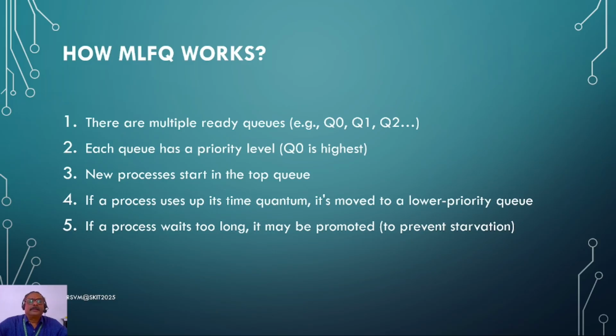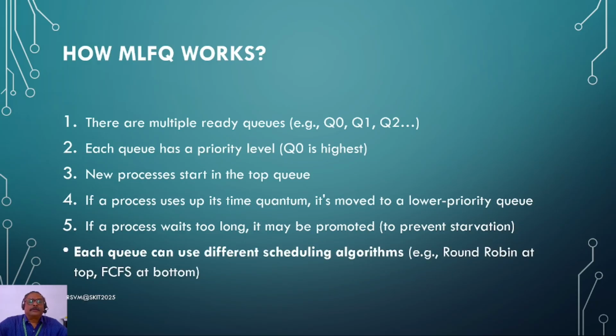And if any process is wasting CPU resources, its priority is reduced, demoted, so that the overall efficiency, utility and throughput are maintained high.